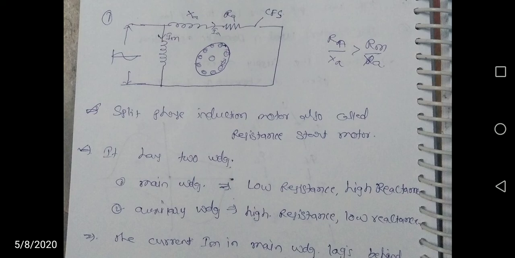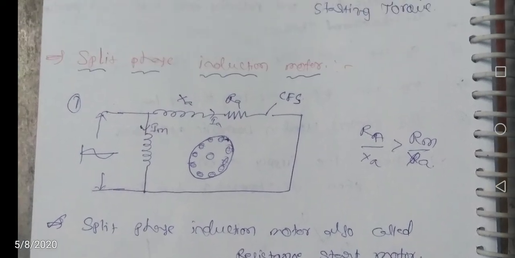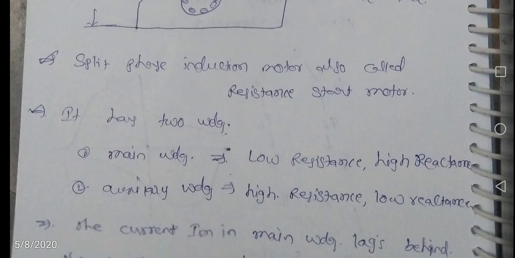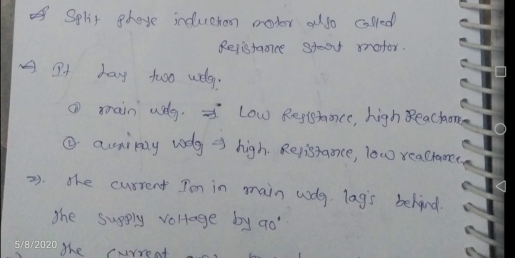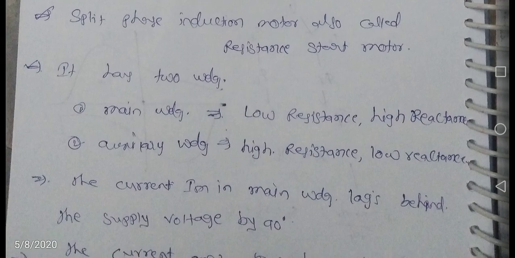So a split phase induction machine has two windings, a main winding and an auxiliary winding.